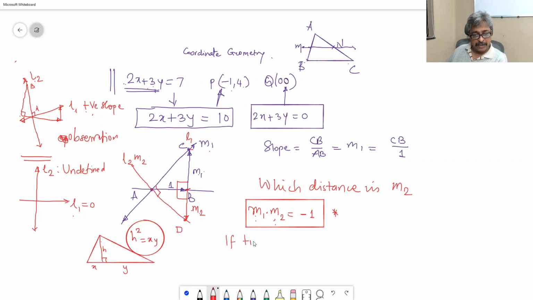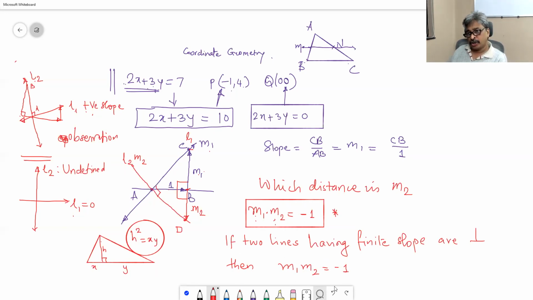If two lines having finite slope are perpendicular, then m1 into m2 is equal to -1. And in fact, it is if and only if: if the product of the slopes m1 m2 is -1, then they are perpendicular.